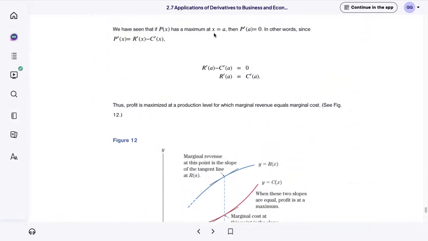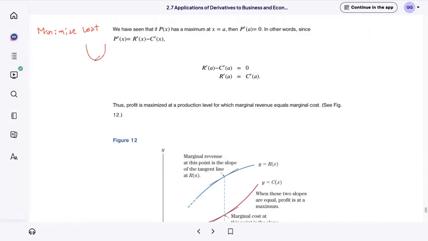So today, we see how we use this in life. What's the important thing for us? Important thing for us is we minimize cost. Because usually the cost function is an upward parabola.